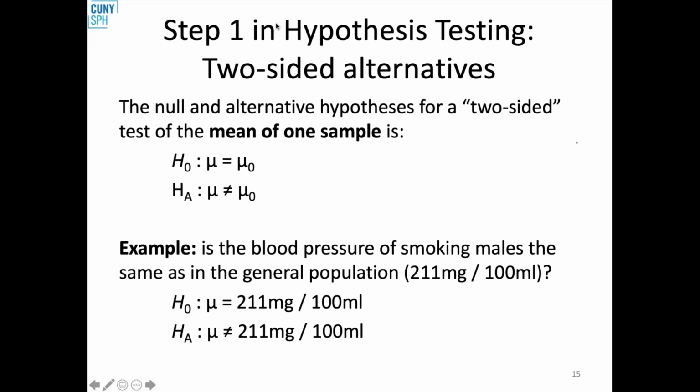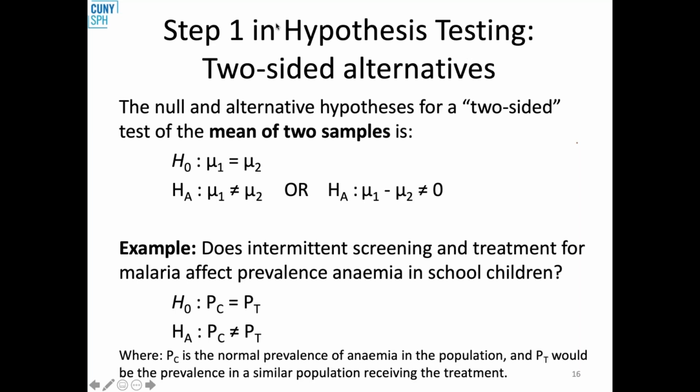So an example is blood pressure of smoking males in the general population. Our null hypothesis is that the mean is equal to 211, and our alternative hypothesis is that it's different than 211. It's not equal to 211. It's not saying that it's lower. It's not saying that it's higher. It's only saying that it's different.